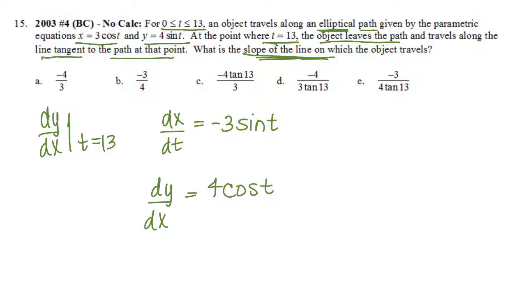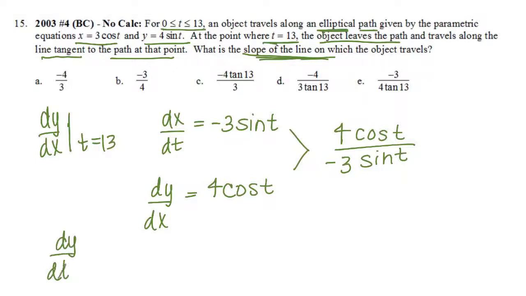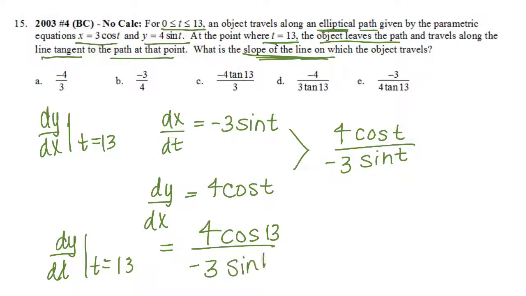And dy over dx, well, we can put this together, and we're going to have 4 cosine t over negative 3 sine t. Well, now we have dy/dx, we need to evaluate that at time 13. So that's going to give us 4 cosine 13 over negative 3 sine 13.